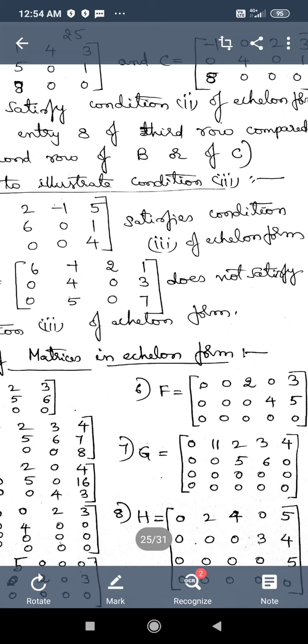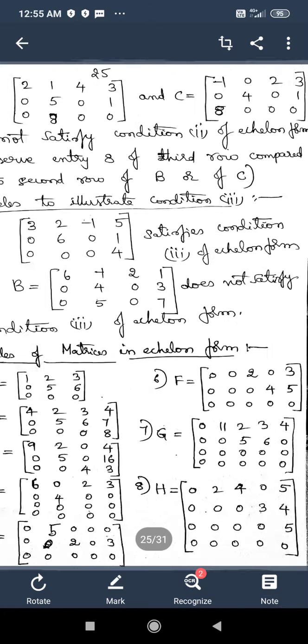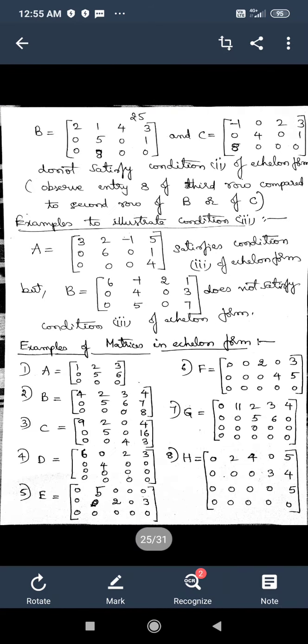And even in the third row, there is a leading element, a non-zero element, which is called the leading element. So in the third row also there is a leading element 5, which is present to the right of the already existing leading element's column. So this is how we can see the echelon forms here.